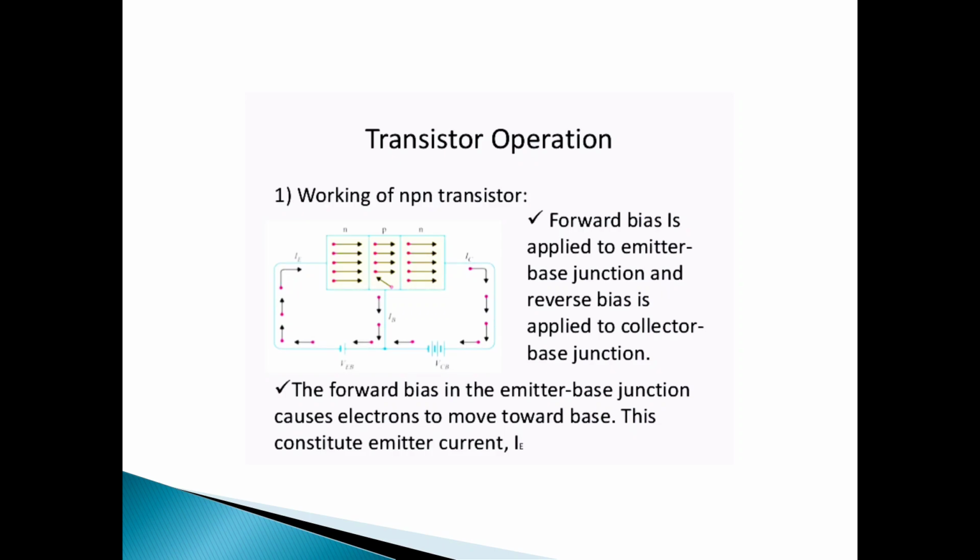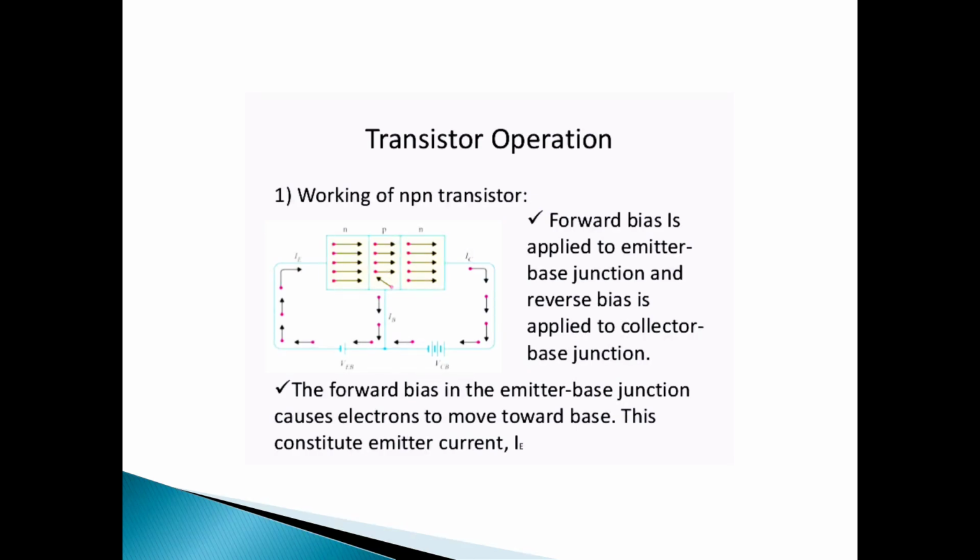Now in this diagram we can see that the emitter terminal is made common to both the input and output side. It is an NPN type of transistor. Here emitter is of N type, so the majority carriers will be electrons. Now this emitter junction is forward biased while the collector junction is reverse biased.